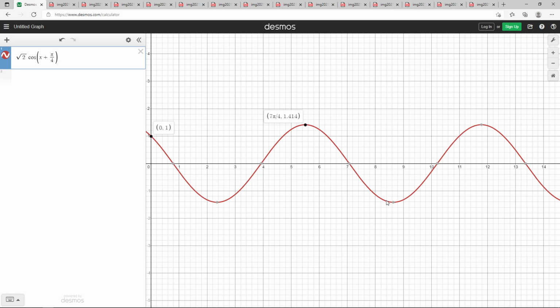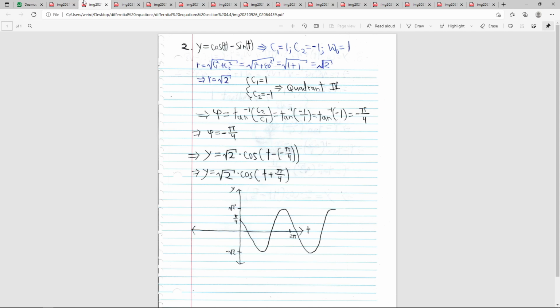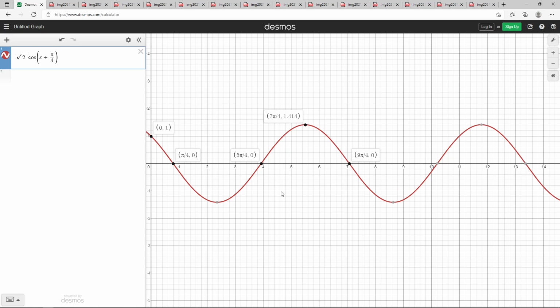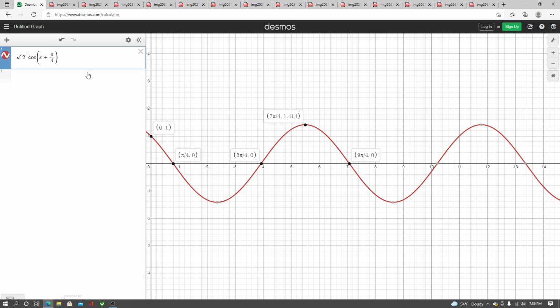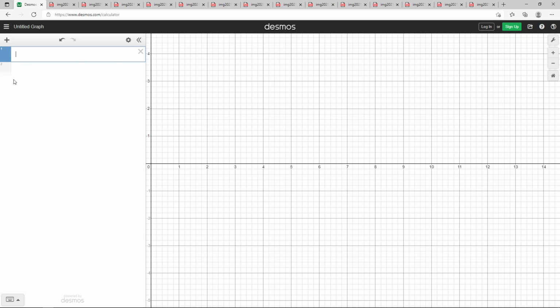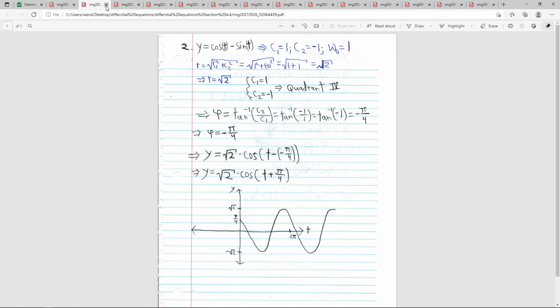Lowest point is the negative version of that. Pi fourths is when it hits 0. Okay, I don't know why I put pi fourths here. It should be 1 instead. But you can graph these using a graphing tool or calculator.